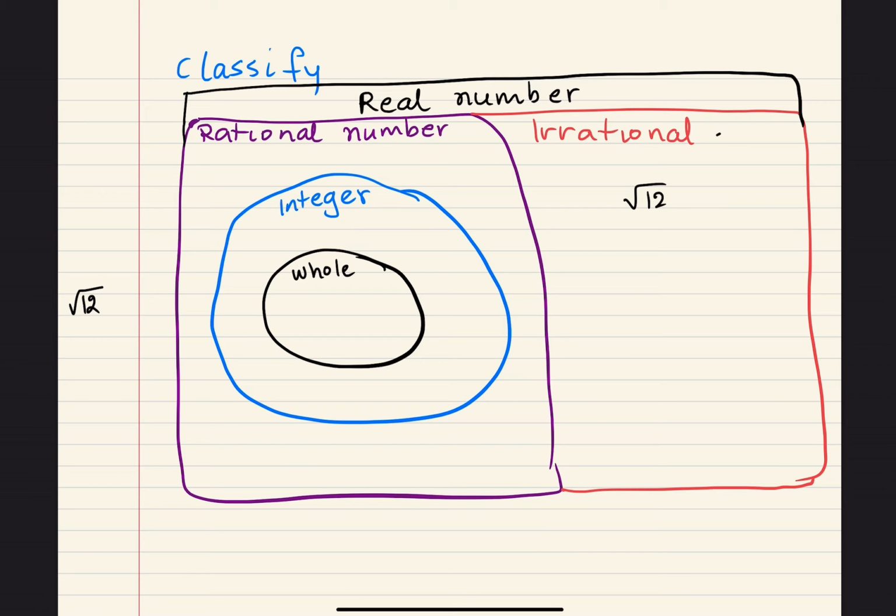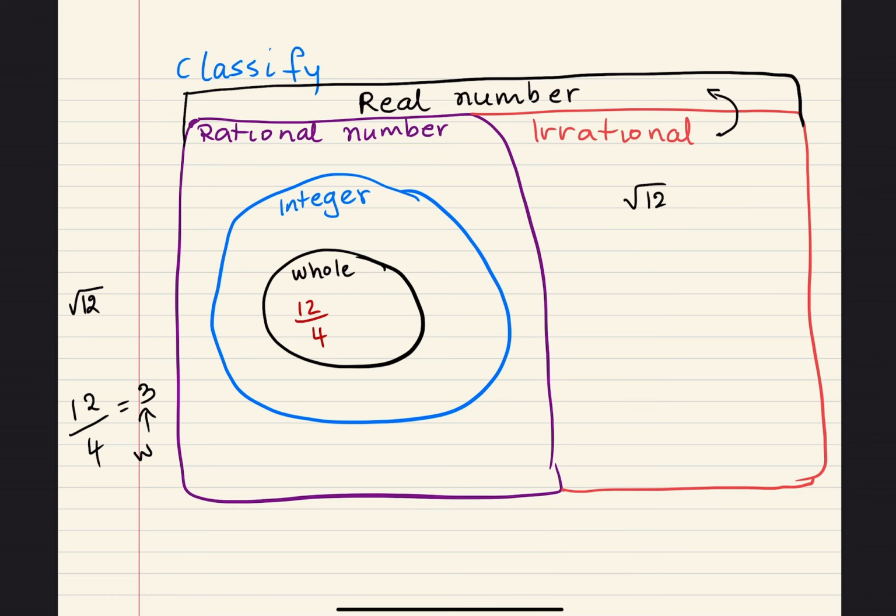So whatever comes here, you need to go steps up. So irrational, real number. Now for example, I give you 12 over 4. When you look at this one, you feel that this is a fraction. But look closely, you will find that 12 over 4 is equal to 3, which means this is a whole number. So 12 over 4 will be here.